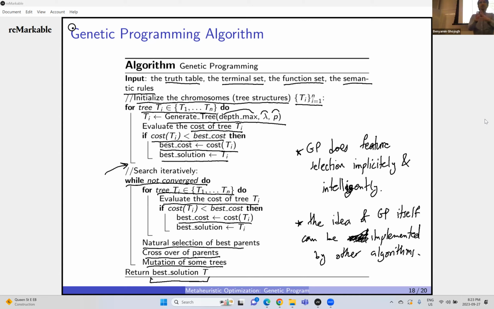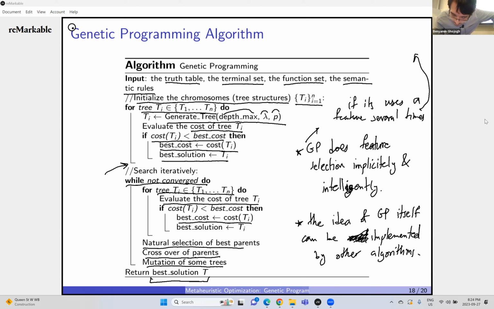So these are the feature selection algorithms in machine learning, but I'm saying that genetic programming performs feature selection implicitly in itself by using some of the features as its terminal nodes, and it might use one feature twice or several times. If it uses a feature several times, what does it mean?